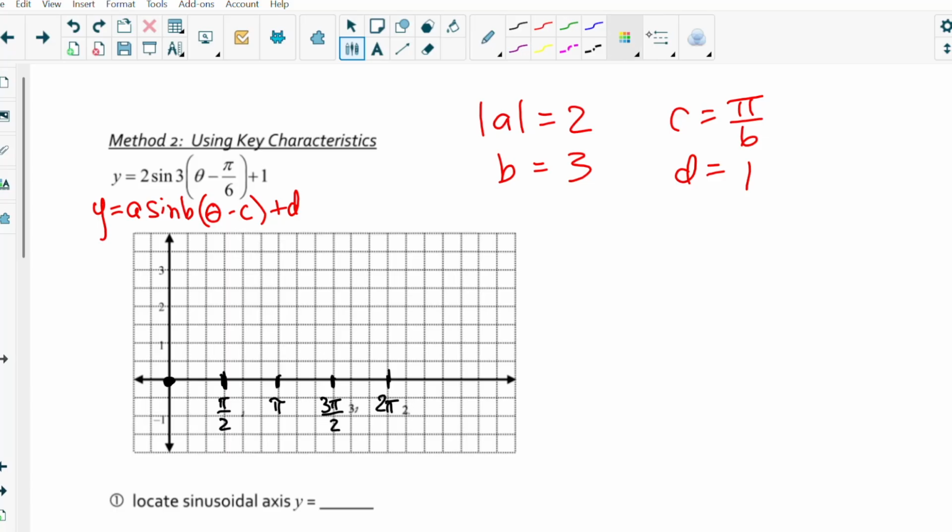Okay, let me just get rid of some of this here. Okay, let's draw in that sine graph, the original function y equals sine of x. So at pi over 2, there's a maximum. At 0, right there.